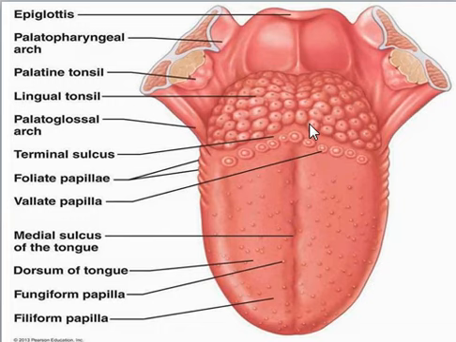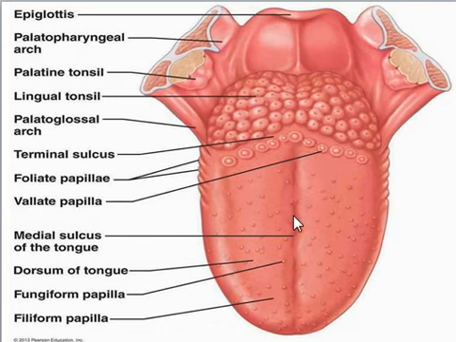The tongue is covered with moist pink tissue called mucosa and tiny bumps called papillae. The papillae give the tongue its rough texture, and these papillae contain thousands of taste buds that cover the surface.